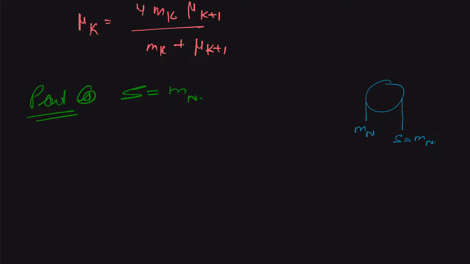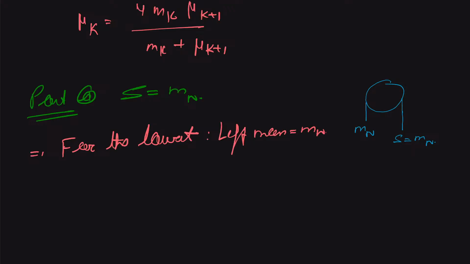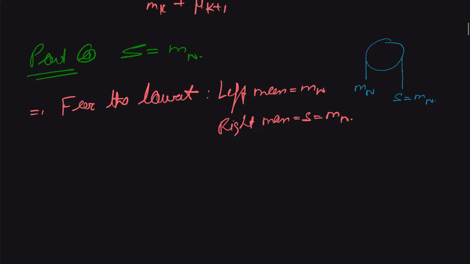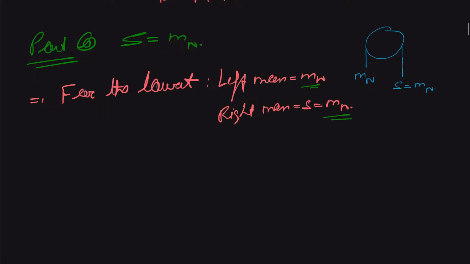Therefore we can say for the lowest, we have a left mass which is m of n, and a right mass which we have denoted as s, and that is also equal to m of n. So it means the value of A is equal to m of n, and the value of B is also m of n. So they are the same.